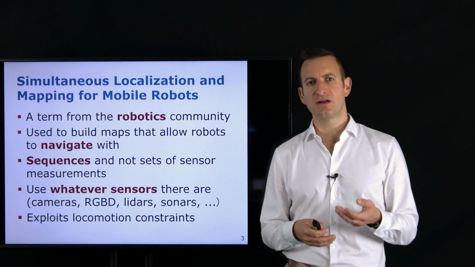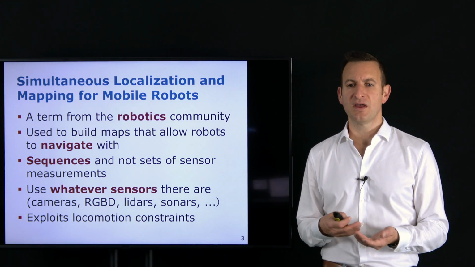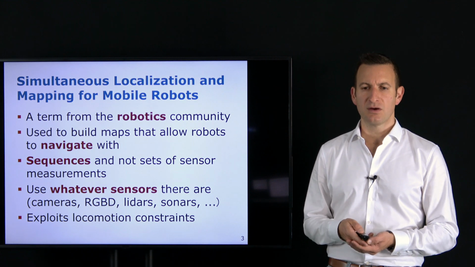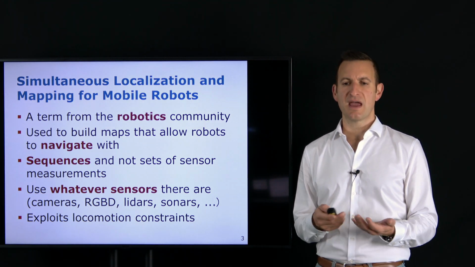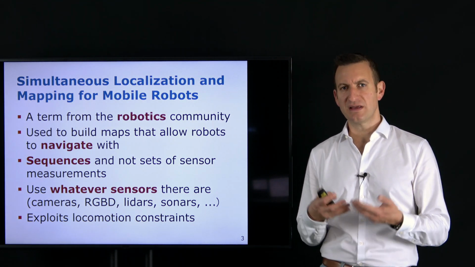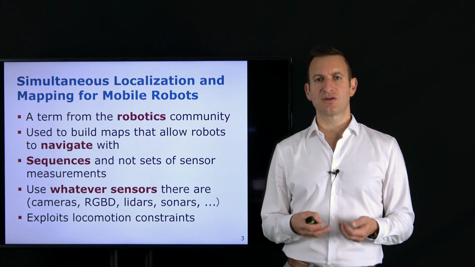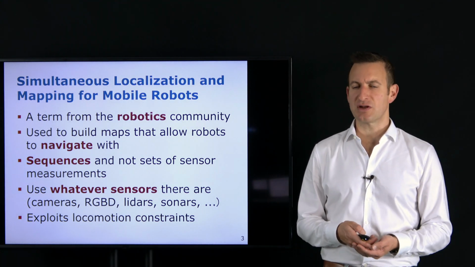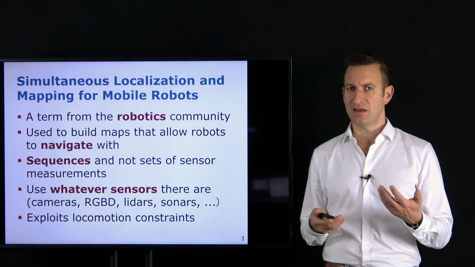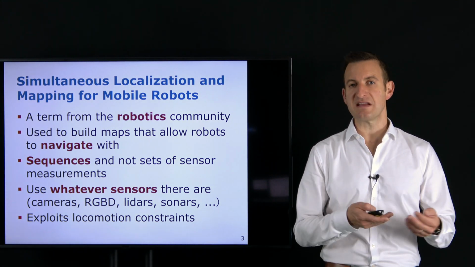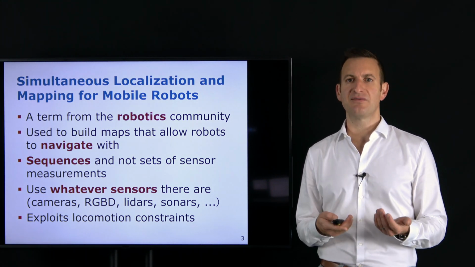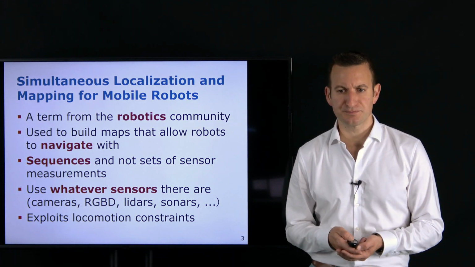So this is information from the locomotion of those systems that we typically exploit in the context of the simultaneous localization and mapping problem, because we are treating that as a whole, also taking into account the platform that was used to actually generate the data and exploit the capabilities or the constraints that those platforms have in our state estimation problem.